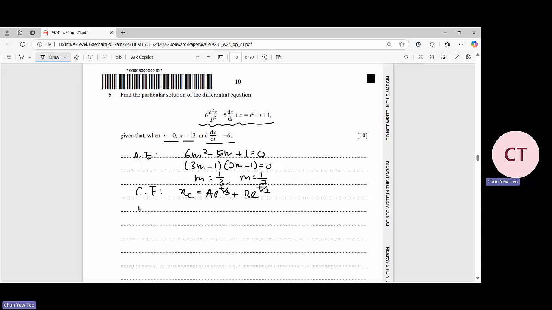Now we go for the particular integral, PI. There will be xp. We have a quadratic expression over here. So the general form for the quadratic will be at squared plus bt plus c.